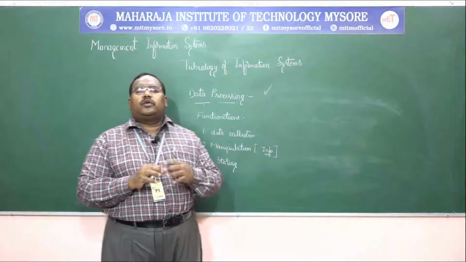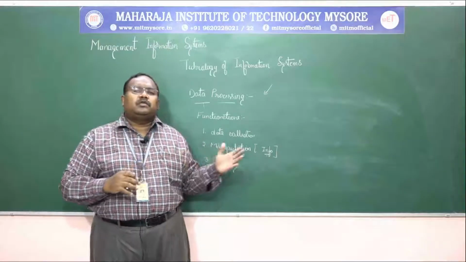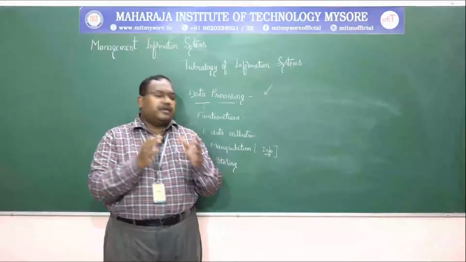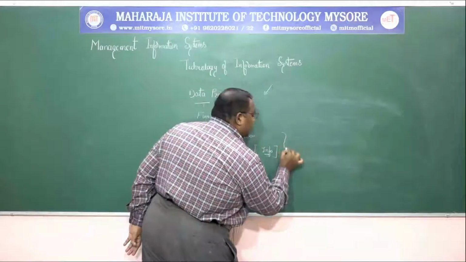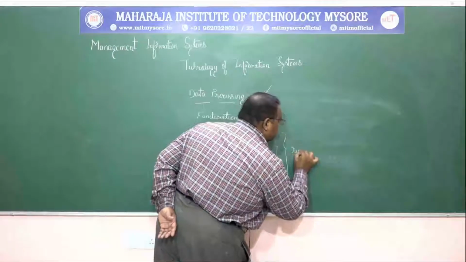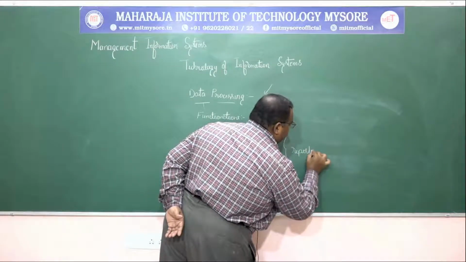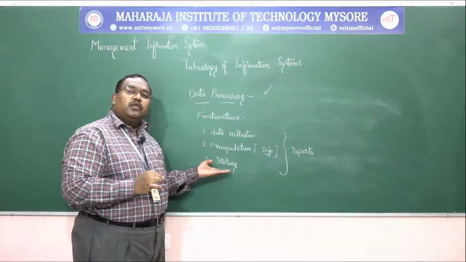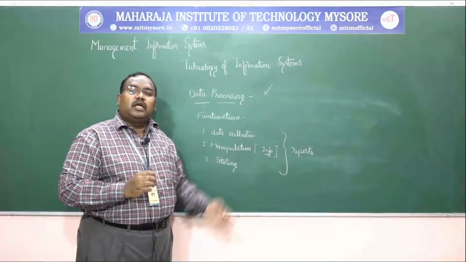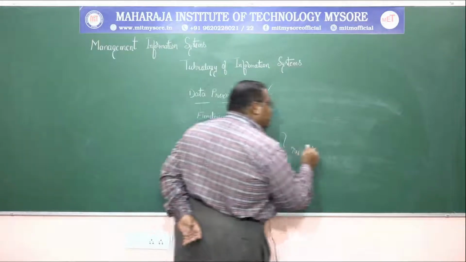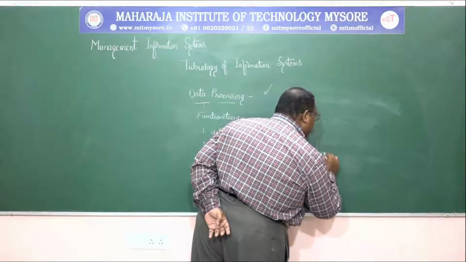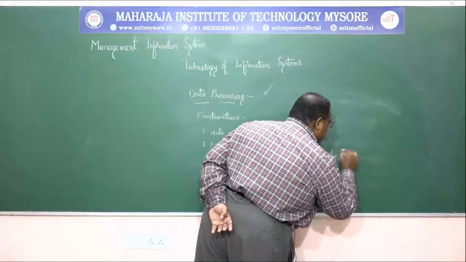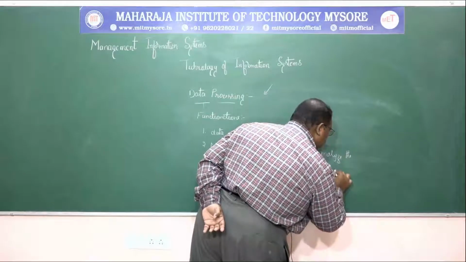Storing is very much needed because we need this information after data processing in order to generate reports. Why do we need to store this information? We need to generate reports, and the information is also needed to analyze the business activities.